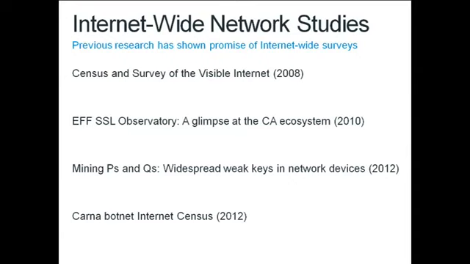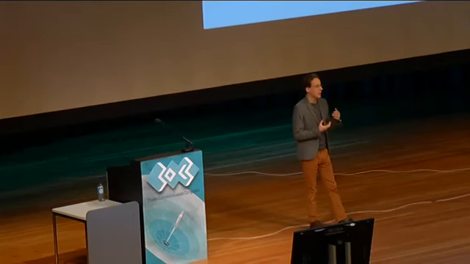So there have been a couple of other studies I should mention too, and these are, at least from my perspective, some of the more interesting works that have come out over the past 5 years. The first one on this list, Census and Survey of the Visible Internet in 2008, was a study of basically what addresses were connected and routable in the IPv4 space, not a security study.